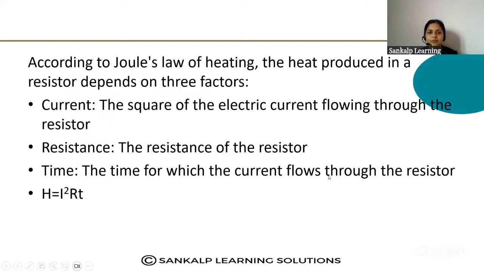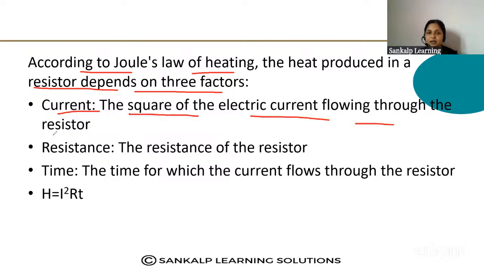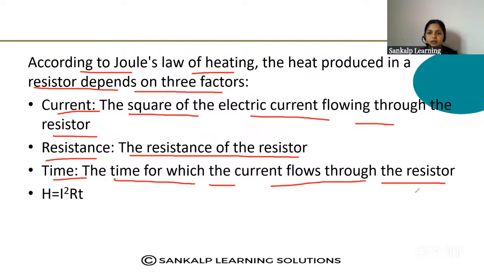According to Joule's law of heating, the heat produced in a resistor depends on three factors: the square of the electric current flowing through the resistor, the resistance of the resistor, and the time for which the current flows through the resistor.